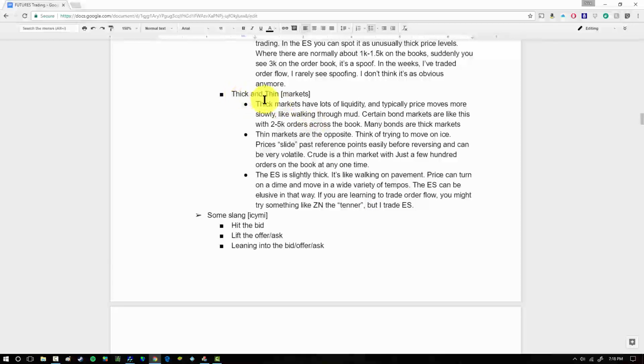So the next subject is that different markets are thick and thin. Thick markets have lots of liquidity on the books, but it's kind of like walking through mud, right? The price moves very, very slowly. A lot of bond markets are like that. They'll have 2,000 to 5,000 orders on the book, but the price action itself is just molasses all day. Very, very slow.